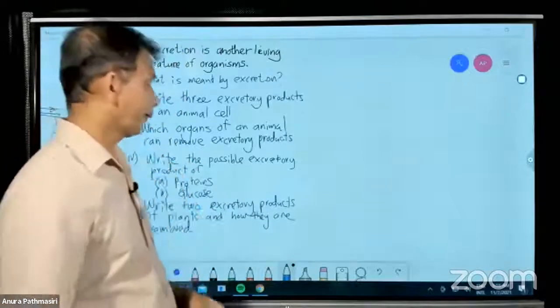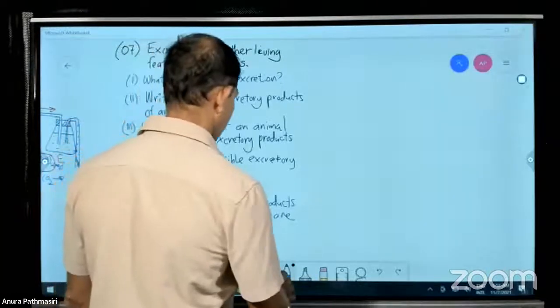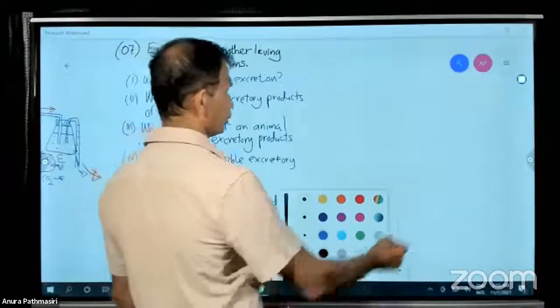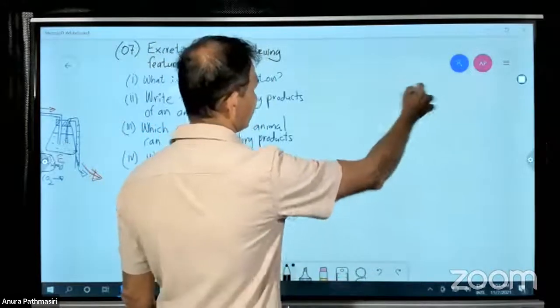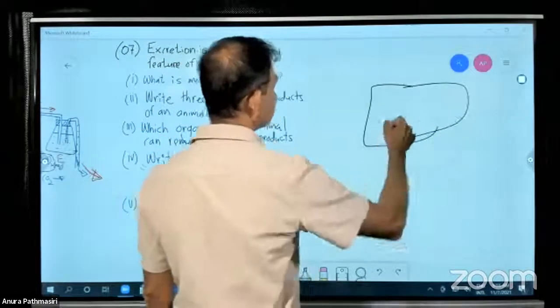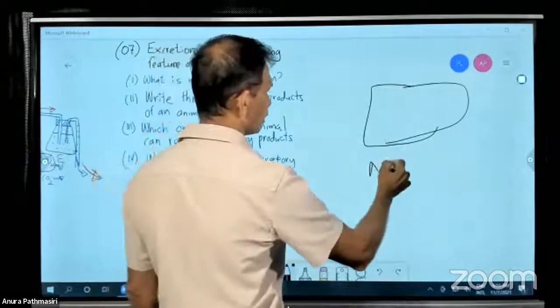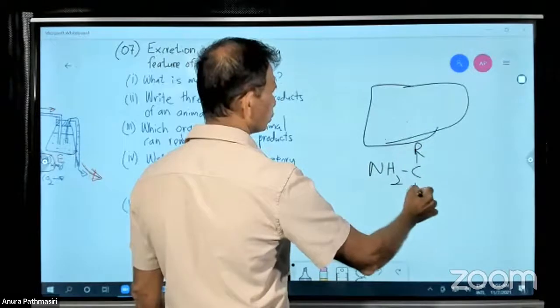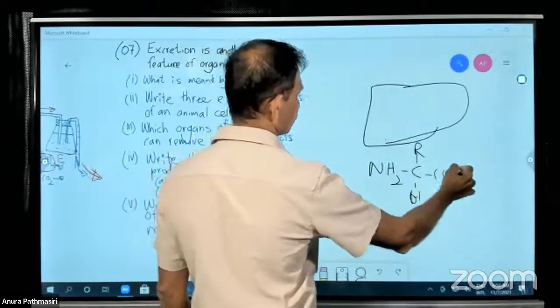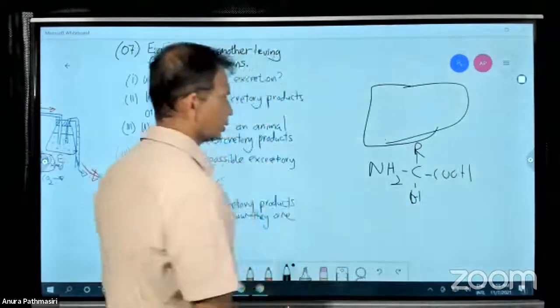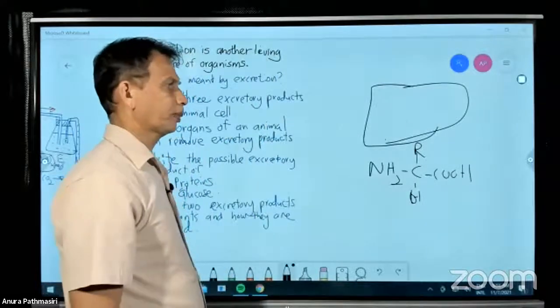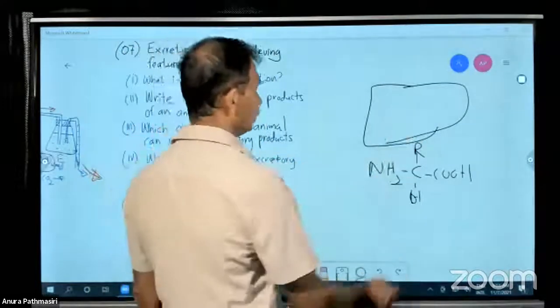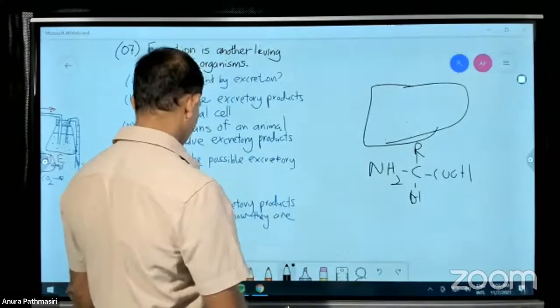For example, if you take amino acids at the liver, amino acid, NH2, HCOOH. So this is an amino acid. Excessive amounts of amino acids in the liver will break.